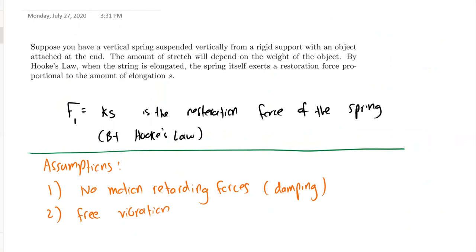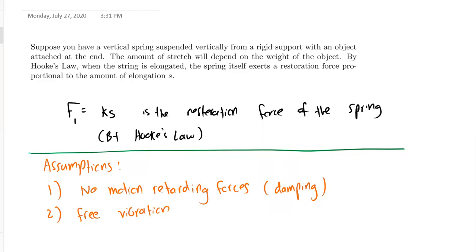And as you know, proportional just means a constant multiple. So in this case, if we've extended the spring or stretched it s units past its equilibrium position, the force would be equal to k times s, where k is some constant that we don't know what it is, but it's a proportionality constant.